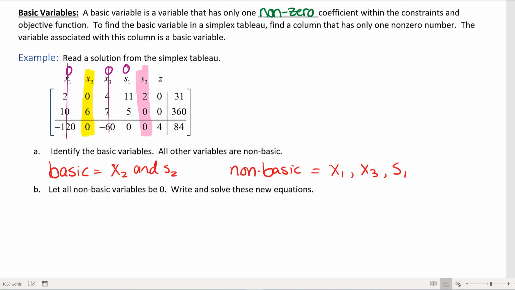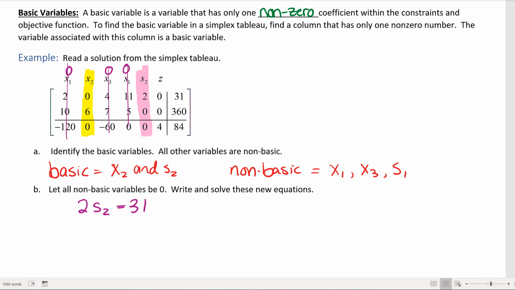So if you just put a line through it, and then I read my equation left to right, I'm going to have 2 constraints and 1 objective function. So if I'm reading the first equation, we have 0x2, so I'm not going to write it. We have 2s2 plus 0z equals 31.